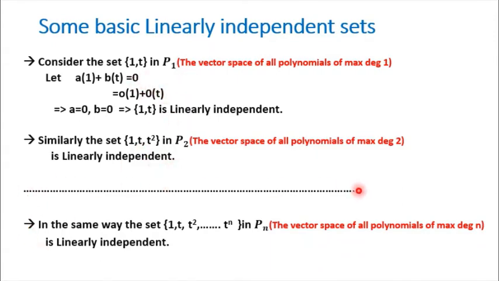In the same way, the set 1, t, t square and so on up to t power n in Pn. Pn is the vector space of all polynomials of maximum degree n. So we will take these vectors 1, t, t square up to t power n. This is also linearly independent. These are some basic sets which are linearly independent in the basic vector spaces.